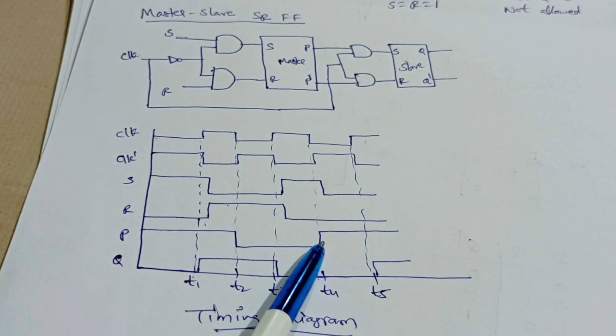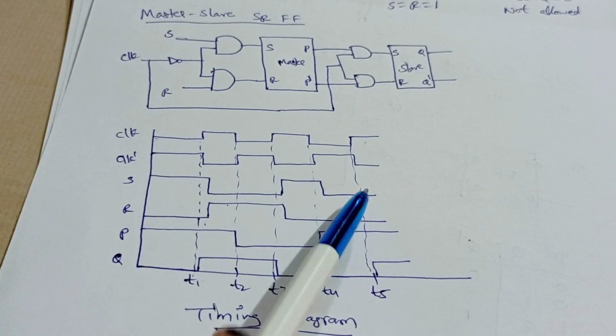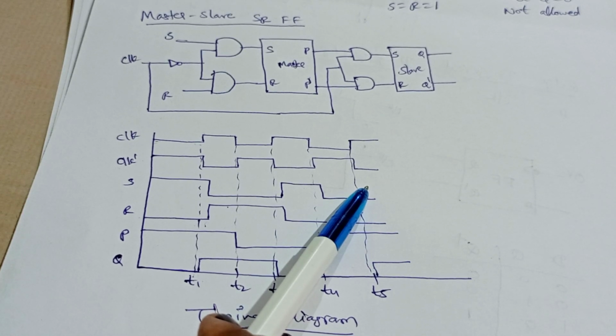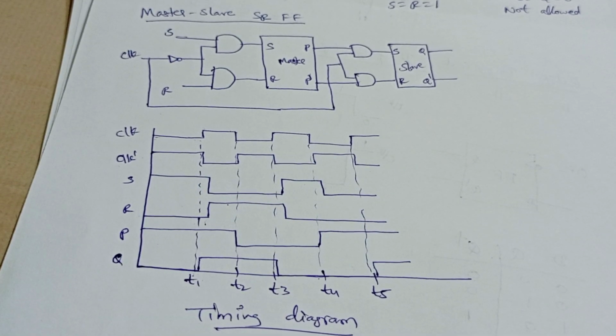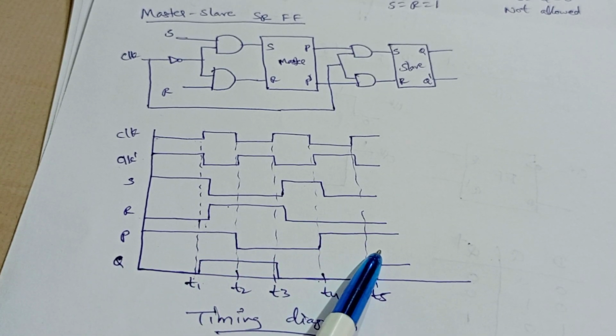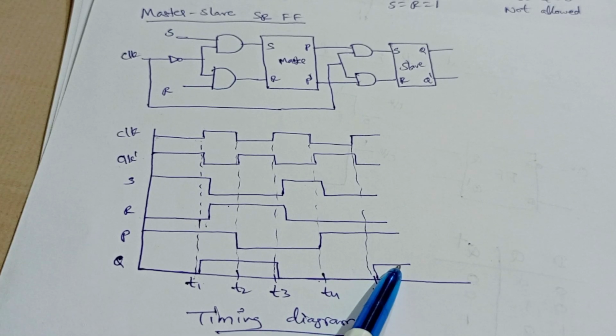Then S changes to 0 at T5, so it should change to 0, but P is not changing. So Q changes to 1 after the rising edge of the clock.